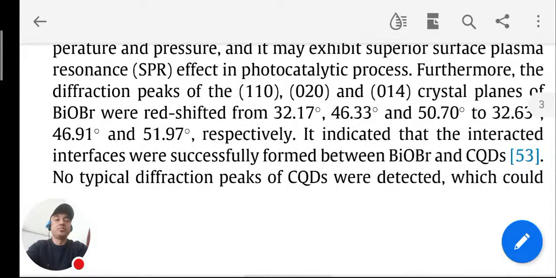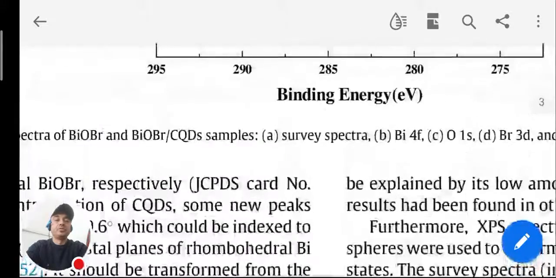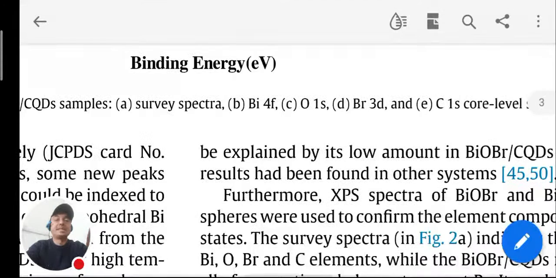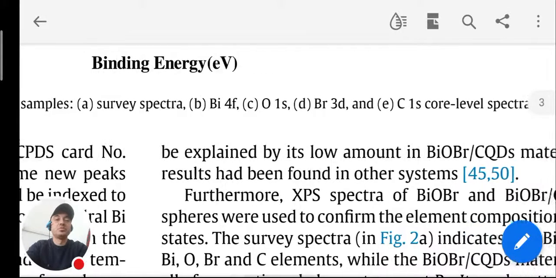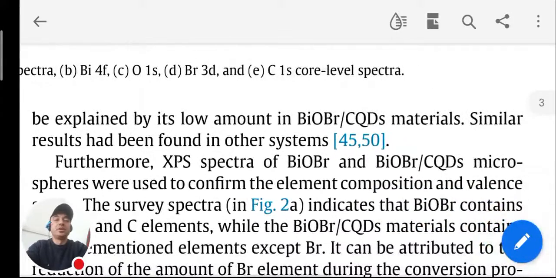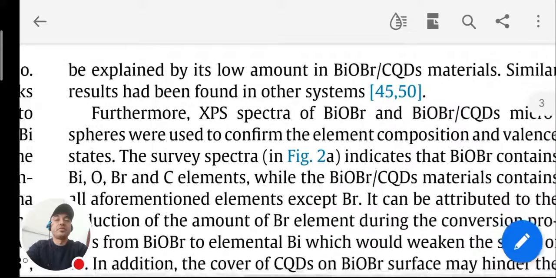No typical diffraction peaks of carbon quantum dots were detected, which could mean just peaks with some different morphologies were received, but it is a successful junction between these two materials. It can be explained by the lower amount of carbon quantum dot material. Similar results have been found in other systems, because there are different studies which also present the same type of data.